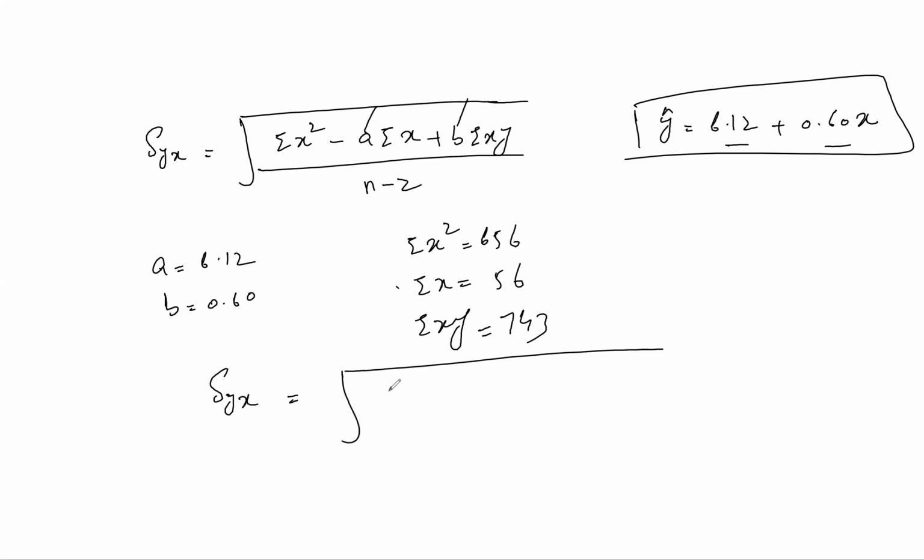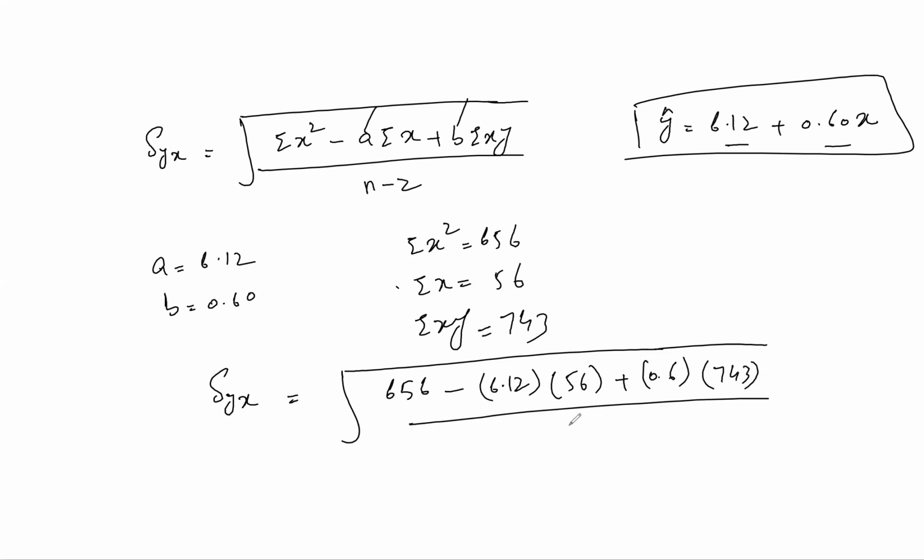Sum of x square is 656 minus a, which we calculated in the previous example because the example was the same, so that is why I am using the same results, times sum of x, which is 56, plus b, which is 0.6, times sum of xy, 743, divided by n minus 2.